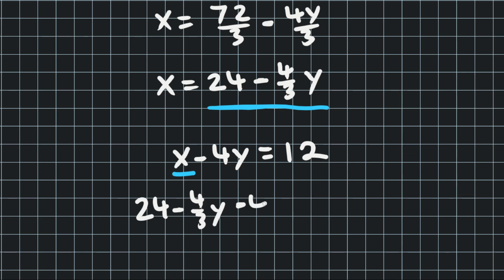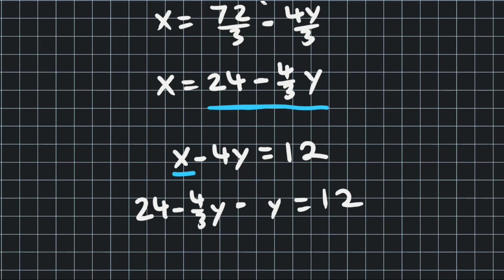Minus 4y equals 12. And we can combine these like terms, minus 4 over 3y and minus 4y. We are actually subtracting fractions here: negative 4 over 3 minus 4. So we need this 4 to be in fractional form. The least common denominator is 3.